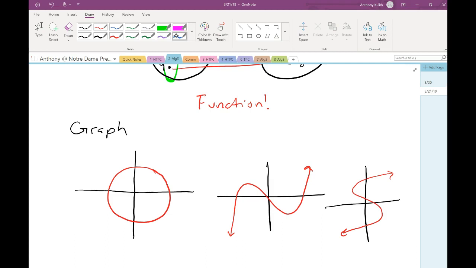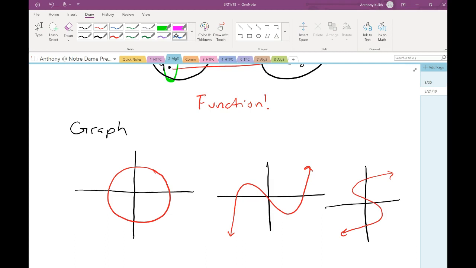Repeating x's. So, if I'm looking at a graph, what does a repeating x look like on a graph? Yes, exactly. A vertical line, which is exactly what you're describing, right?